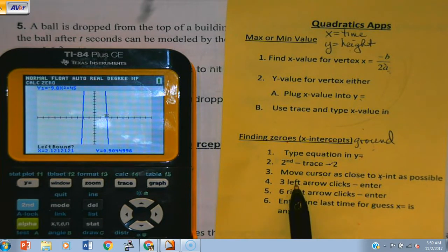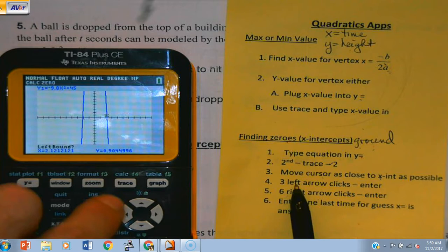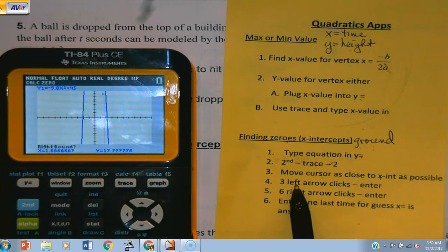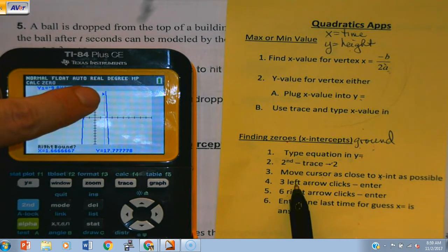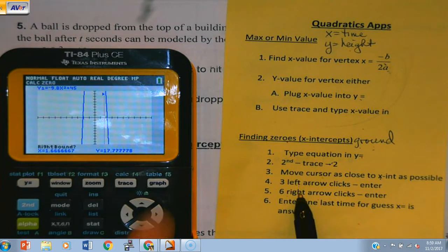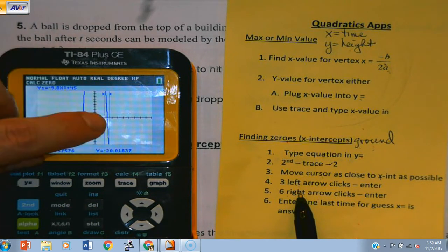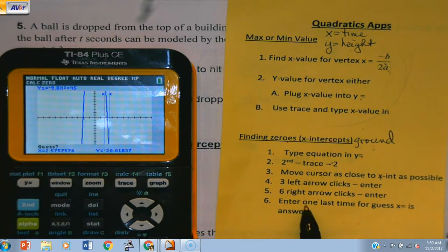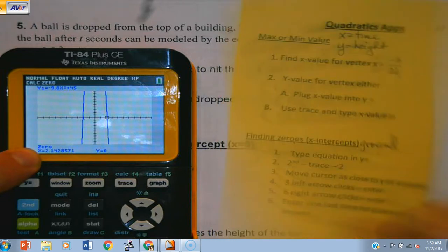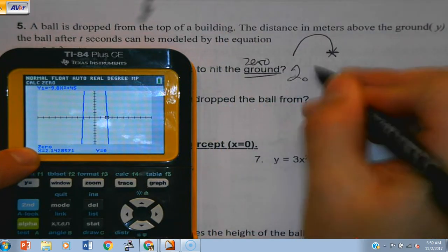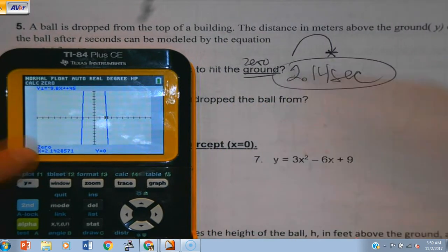And once I do, left arrow, 1, 2, 3, enter. There's my left boundary. 6 right, 1, 2, 3, enter. My bounds are set, my intercept is trapped, hit enter one last time. That x value, 2.14, is how long it's going to take for this to hit the ground.